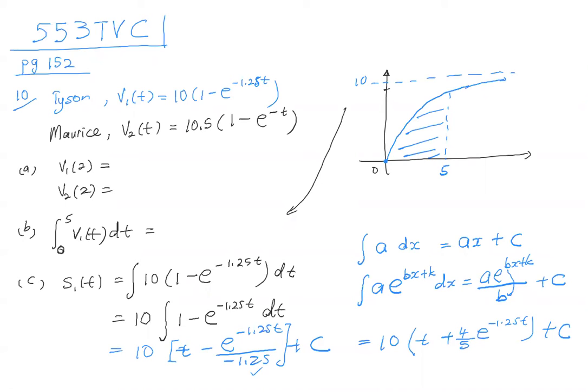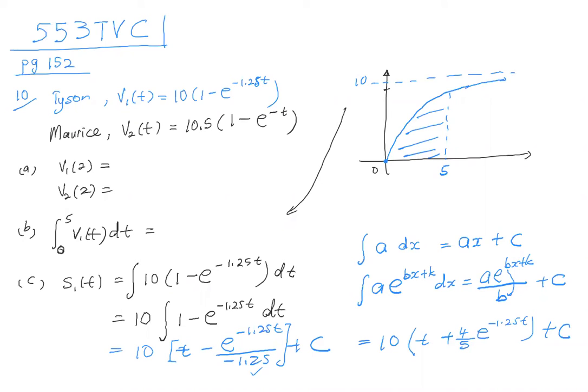Okay, so same go with Maurice. Maurice, okay? So that one you go and integrate. You can get the answer from the back. Okay, so plus C. So what you can do is, we can say, okay.